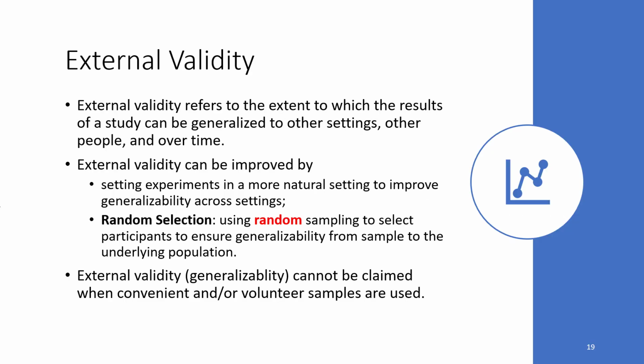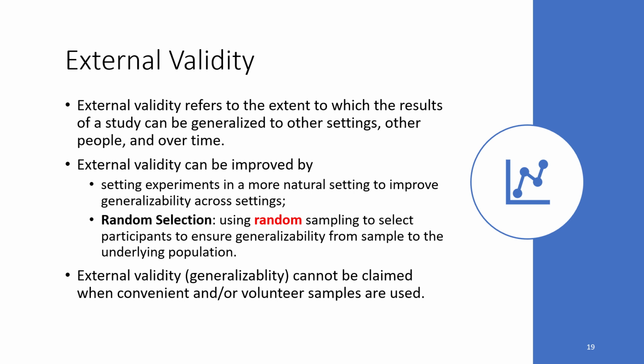When designing a study, we also need to be mindful of external validity. External validity is about the generalizability of the findings of a study. Studies with strong external validity offer results that can be generalized to other settings, other people, or over time. Carrying out your study in a more natural setting is a way to improve generalizability across settings.